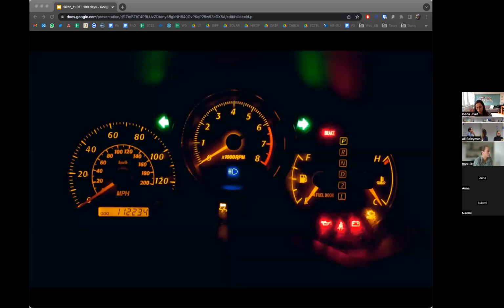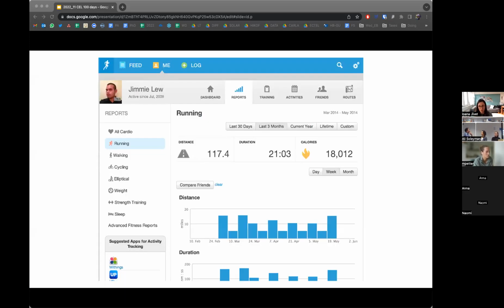You can think about a dashboard very similarly to how a dashboard in a car is supposed to help drivers to make decisions while driving. And a similar concept, as a runner, if you're running, maybe you track your running and you collect a lot of data about your pace, the distance that you run, the duration, the frequency of running, and so on, which helps you monitor your progress and can help you adjust your training.